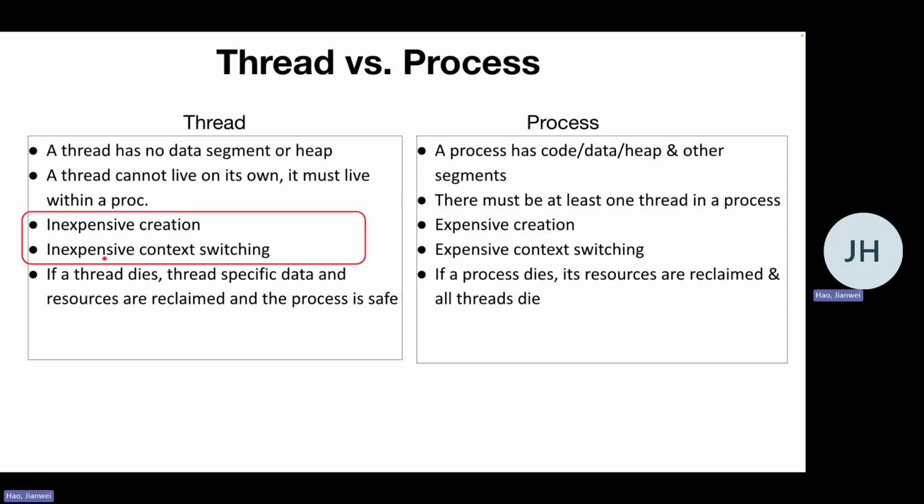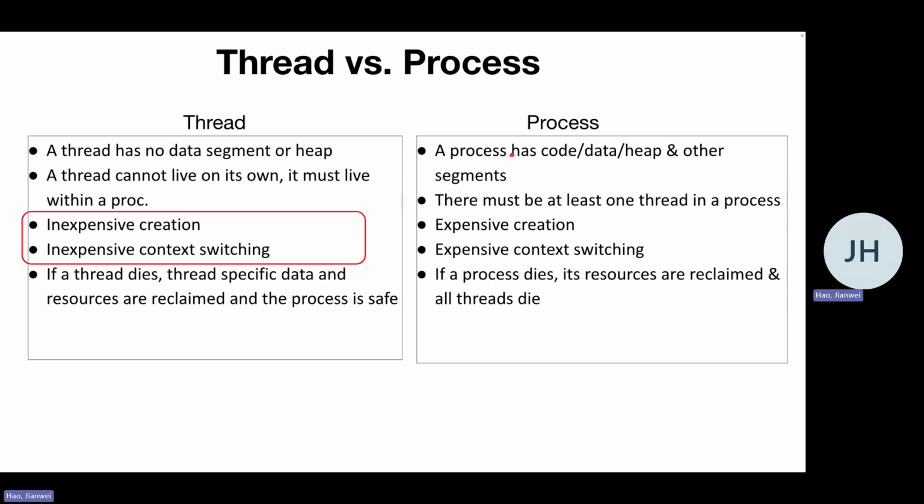So it's lighter than process switching. And if a thread dies, then the thread-specific data and the resources are reclaimed, and the process is safe, which means the process is going to handle this part.